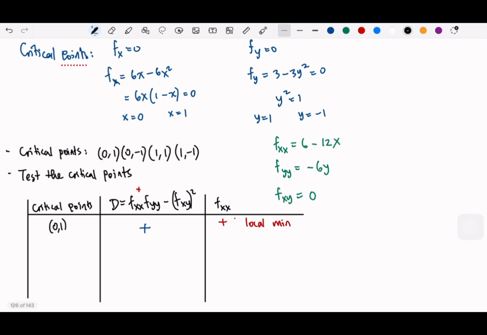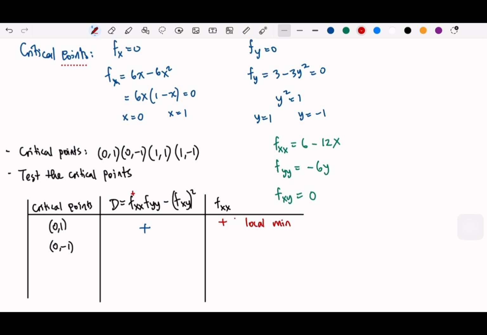Okay. And then test another one. Do the same thing. So negative 1, put here is positive 18, right? Positive 18. That will be 0. Oh, 0, sorry. 0 is positive. Let me write positive. So this one is positive.